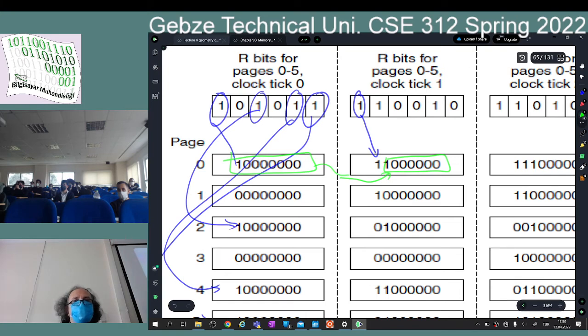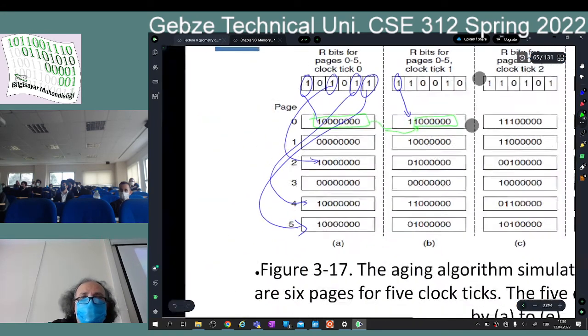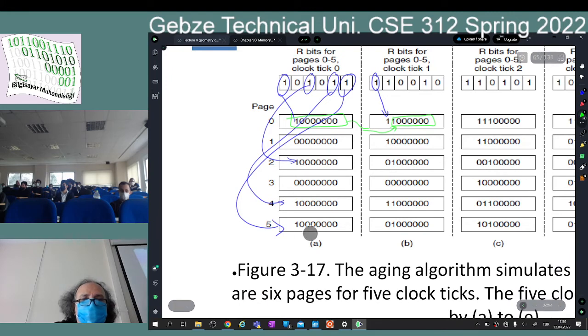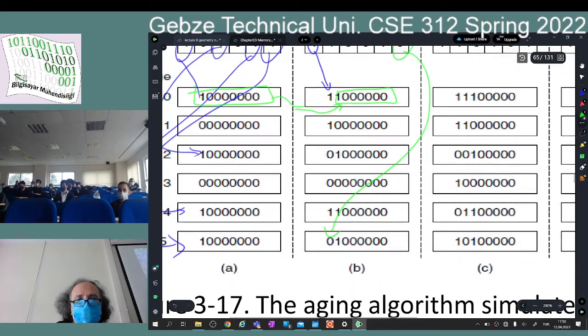Shift right and add this one at the beginning. Again, do the same thing with this. I am shifting it to the right, but this time it is 0. 0 comes here.